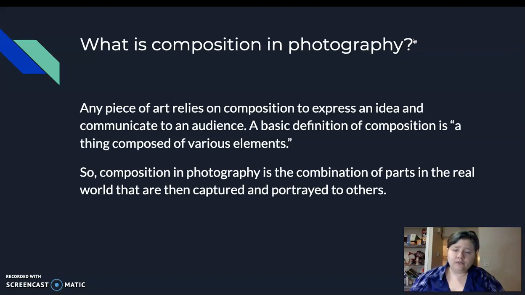So in composition, in photography, it's the combination of parts in the real world that are then captured and portrayed to others. So if it has any other combined elements, it becomes a slightly different medium. But photography is the capturing of light and repeating it to show it to others.